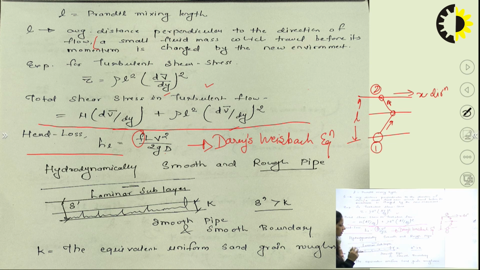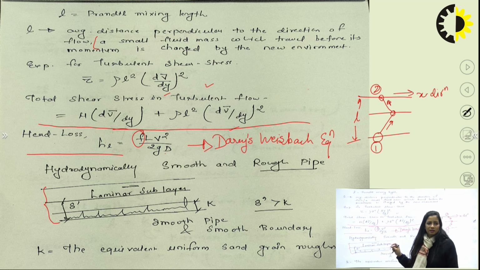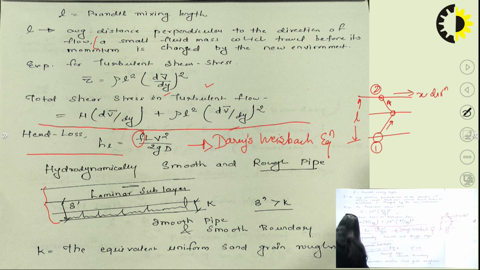Let us suppose an example here. Let us suppose this is a pipe, and you can see the variations, which are actually the roughness, or you can say uniform sand grain roughness. Just take the average height of all this roughness and you will get a line. Here you can see this line; the height of this particular line is k.